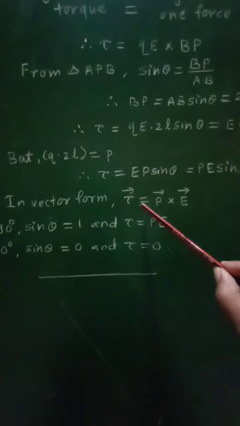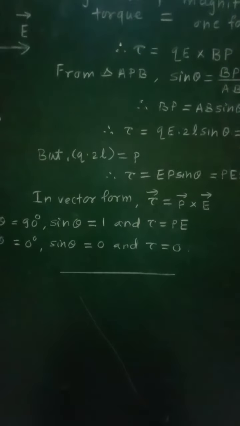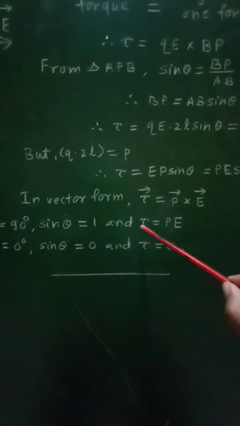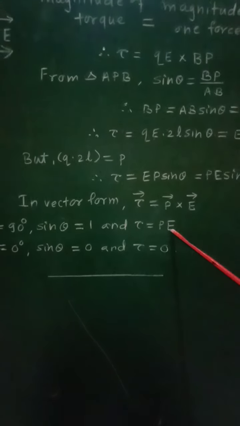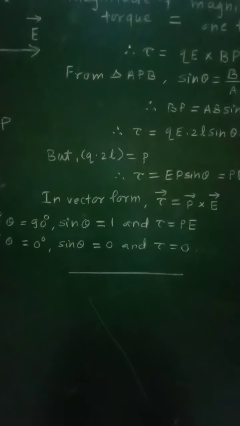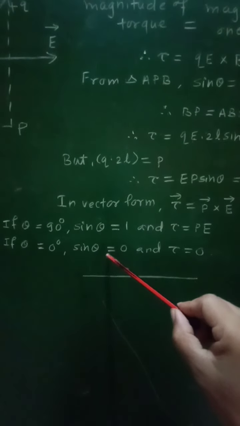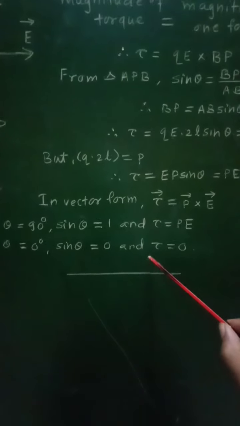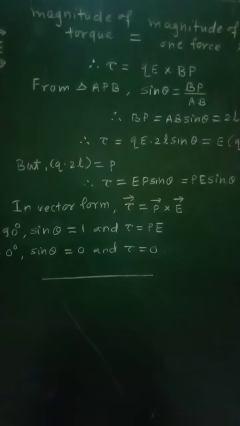So from these two cases we can conclude that if the electric dipole is perpendicular to the direction of electric field, then it will be acted upon by the maximum torque, that is PE. And if the electric dipole is parallel to the direction of electric field, at that time it will be acted upon by minimum torque, that means the torque acting on it will be equal to 0.